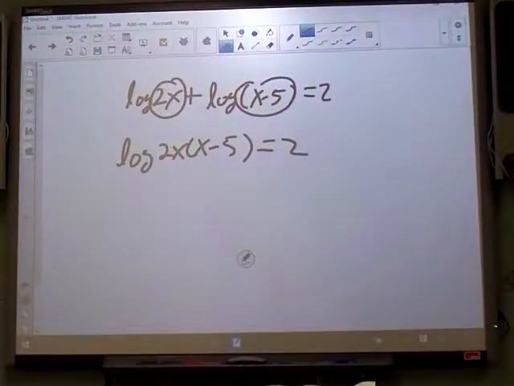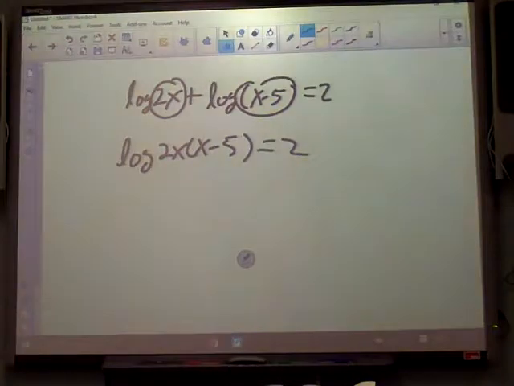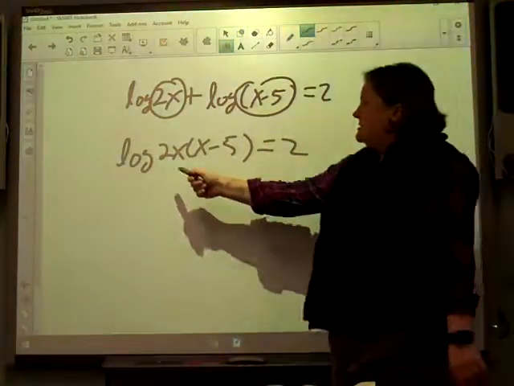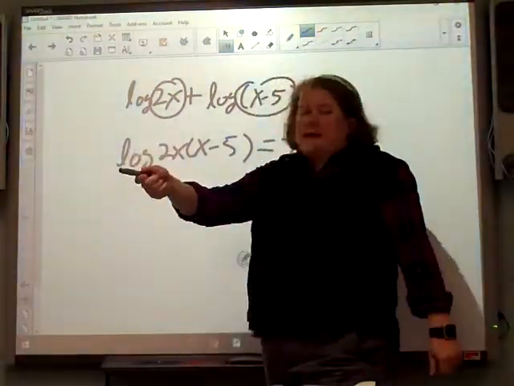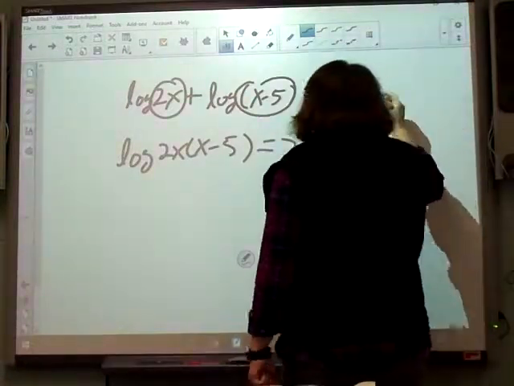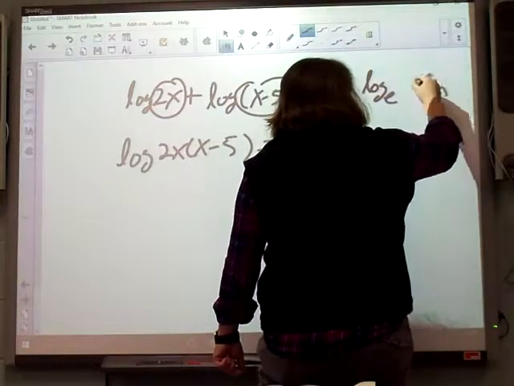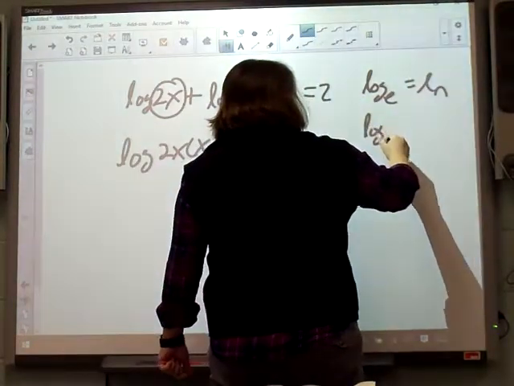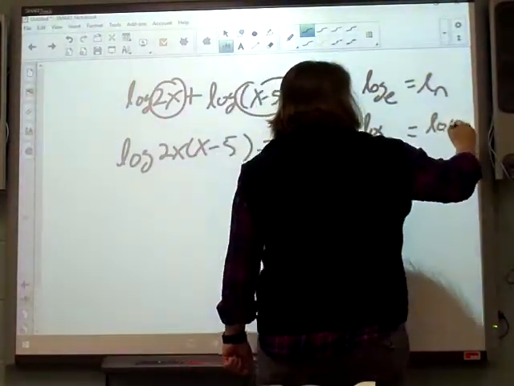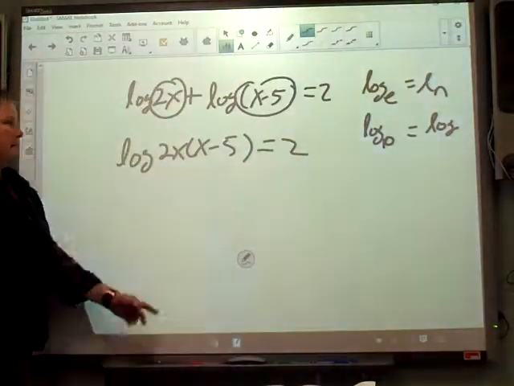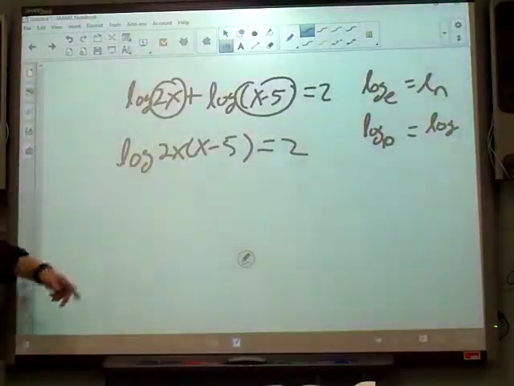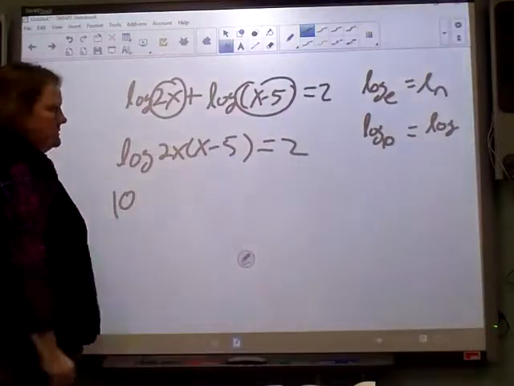It's an understood base of 10. No base written, and we made that note the same day we made the e note. Y'all might need to rewrite those. Log base e is ln. Log base 10 is just log. So this one has no base written, so it's an understood base of 10.